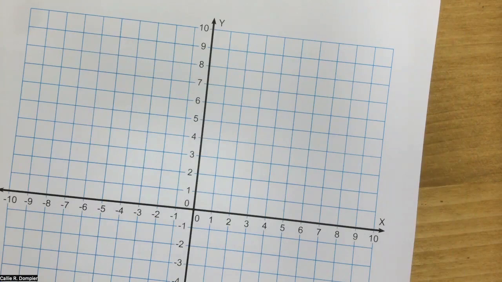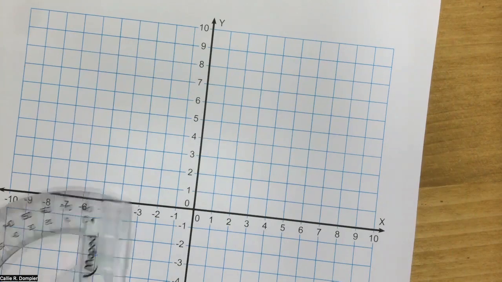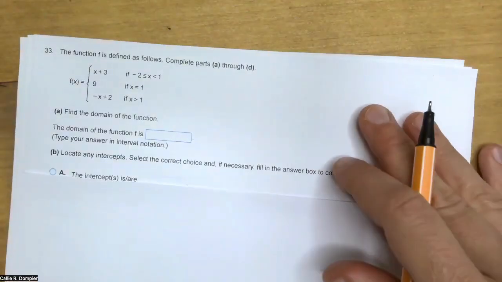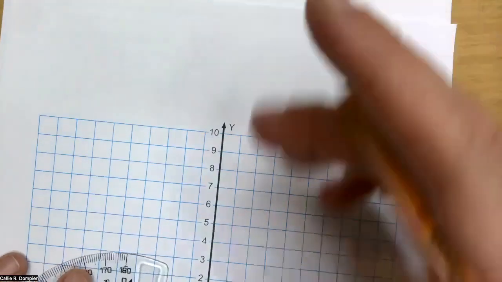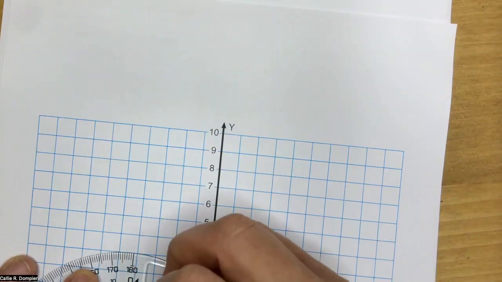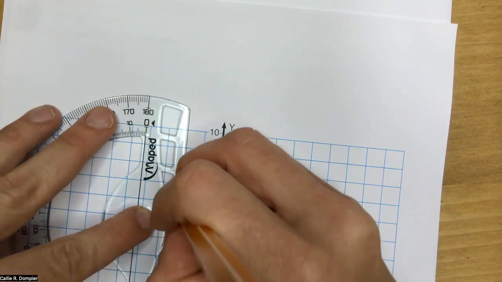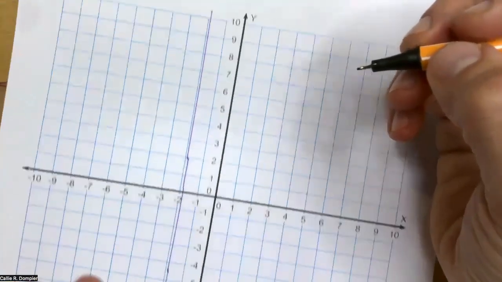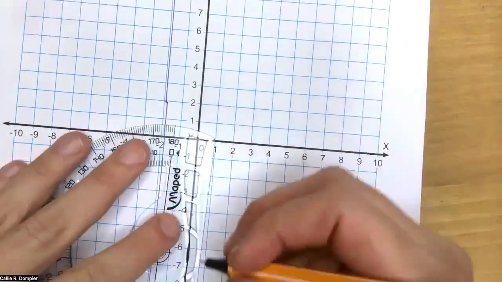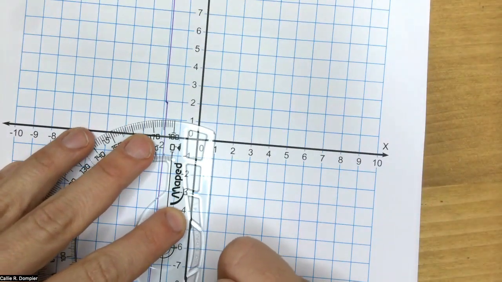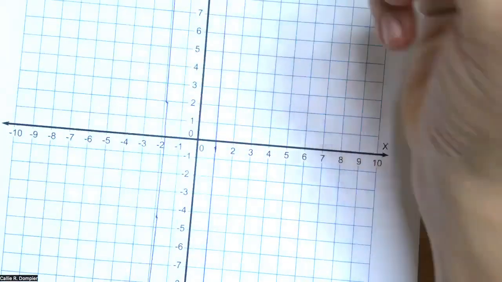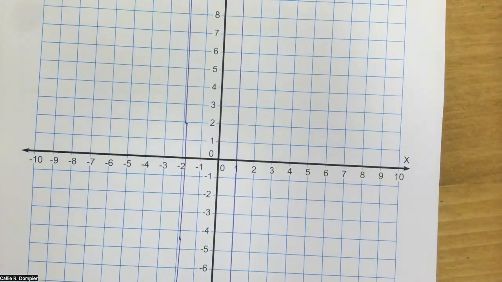I need a real ruler. Let's try to be better. Again, it was -2, and +1. So those are where the graph is going to be changing.